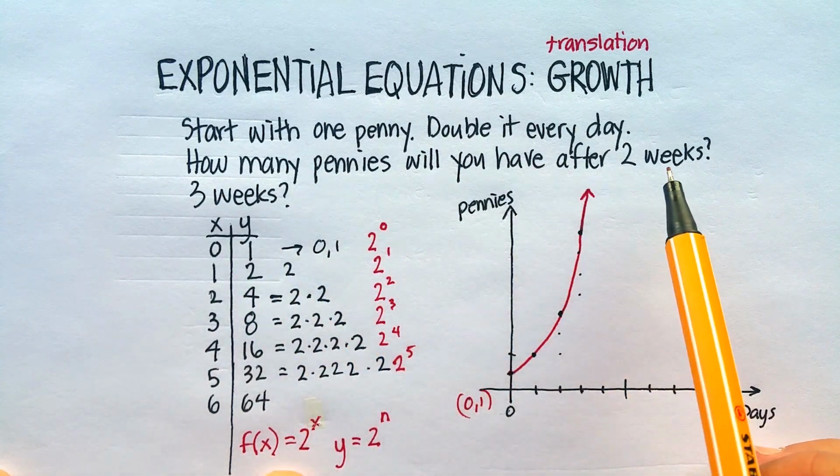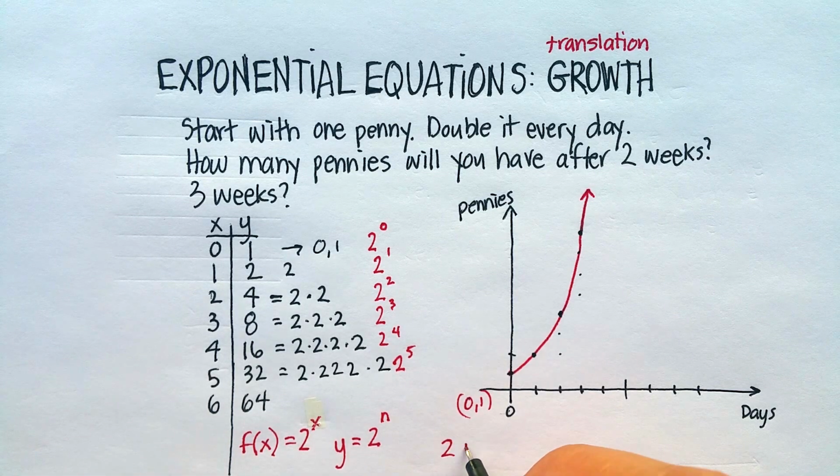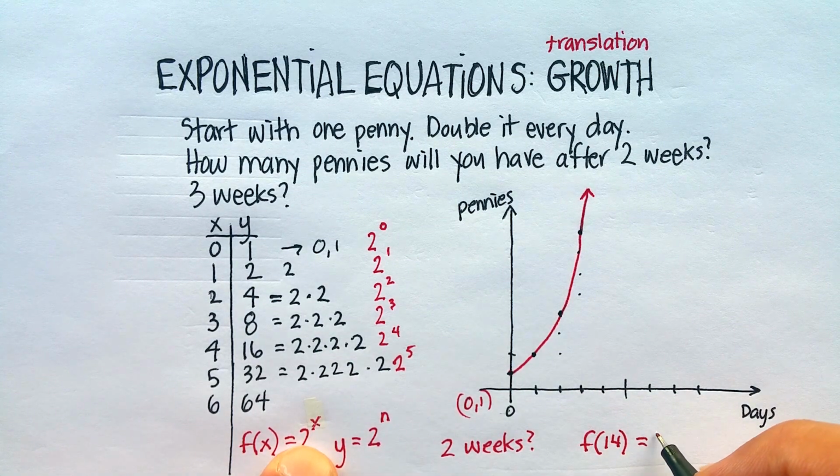Now let's go back and let's answer our question, right? How many pennies will you have after 2 weeks, which is what, 14 days? So to answer the first question, 2 weeks would be f of 14. My input, therefore, is 14. It's 2 to the 14th power.